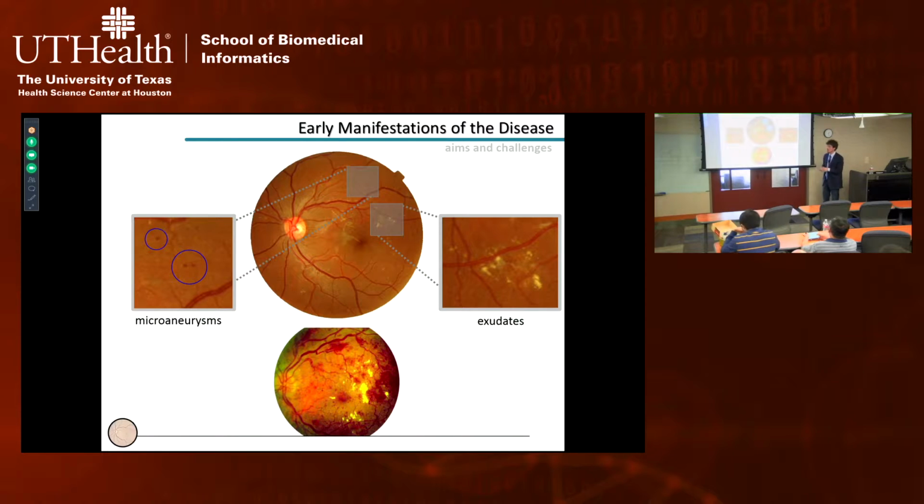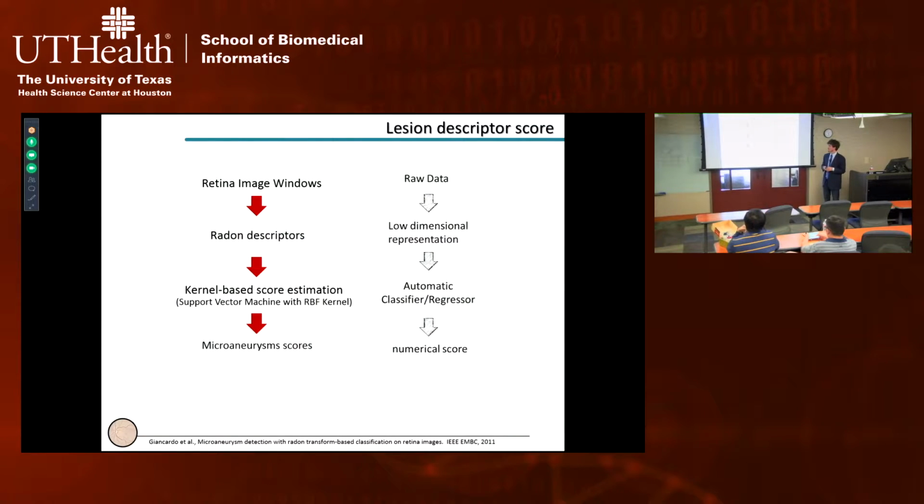So now, I'll start my talk to show a technique to create low-dimensional representations for detecting microaneurysms. Going back to the model we showed before, our raw data will be little windows of the retina images. By windows, I mean little subparts of the retina.